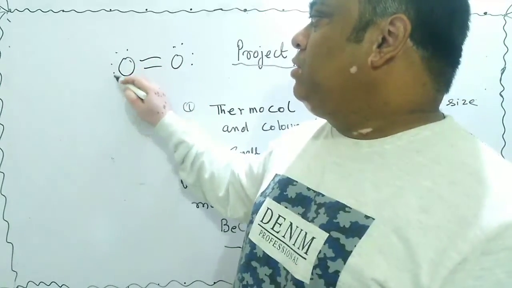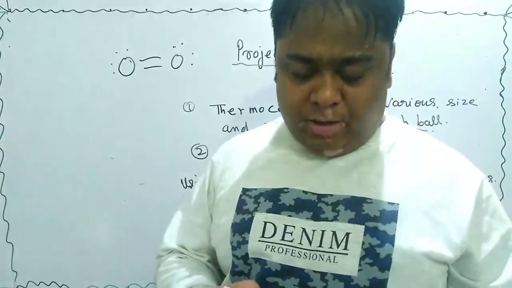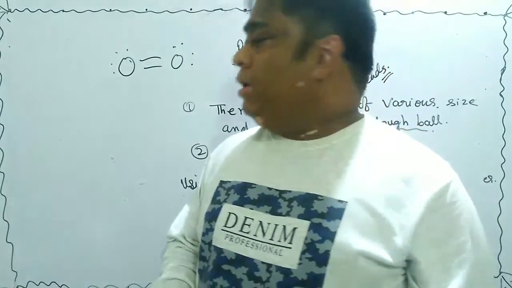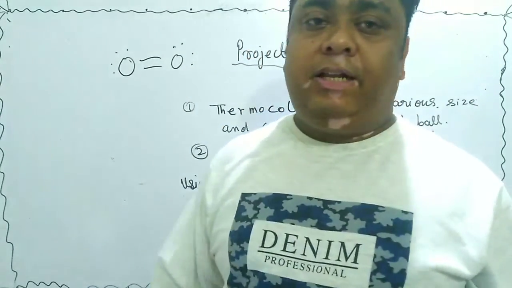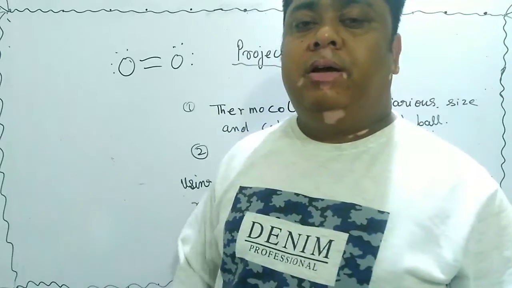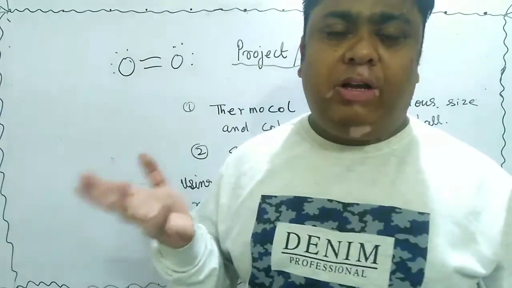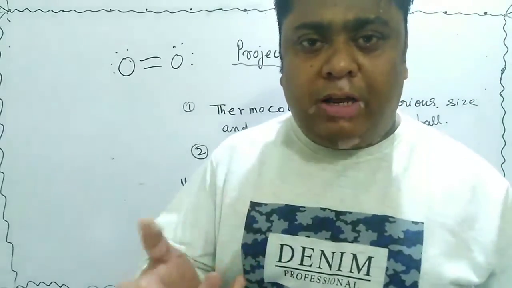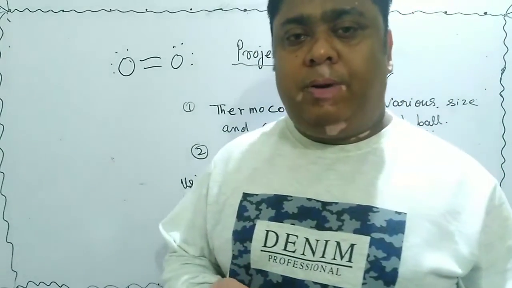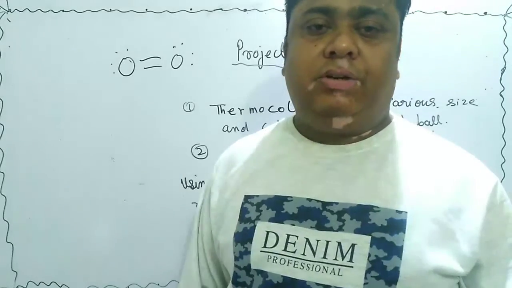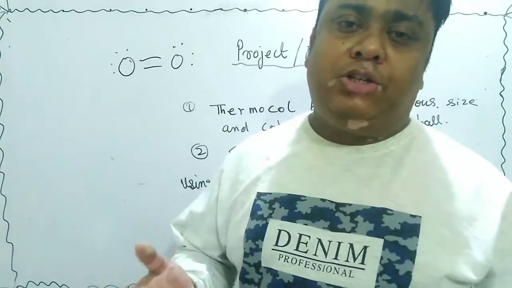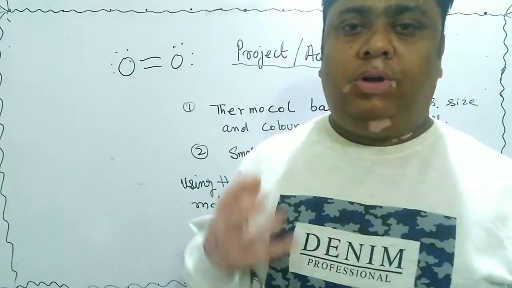So if all electrons are paired up, then it should become diamagnetic. Why should it be paramagnetic? In its molecular orbital, we will see that there will be one unpaired electron in its anti-bonding pz orbital. So what are these anti-bonding pz orbital? What are these bonding pz orbital? All these things we will be learning in our next discussion. Okay, so our next discussion will be based on molecular orbital theory. Thank you.